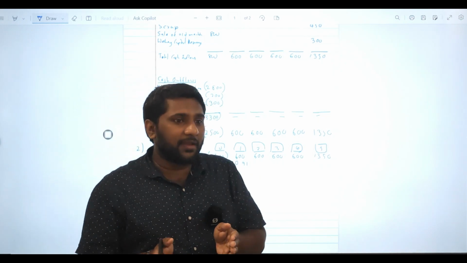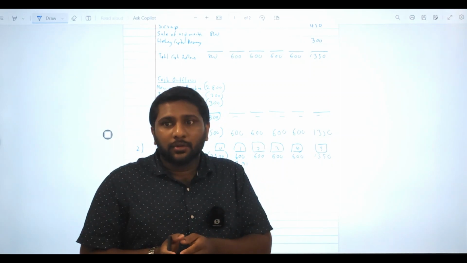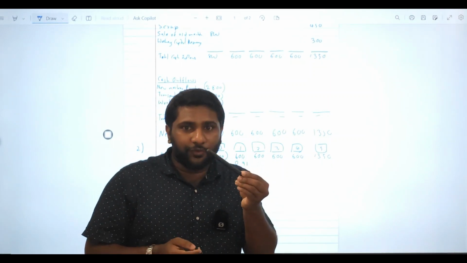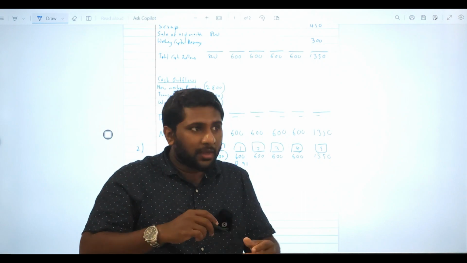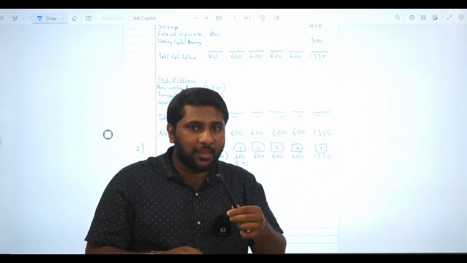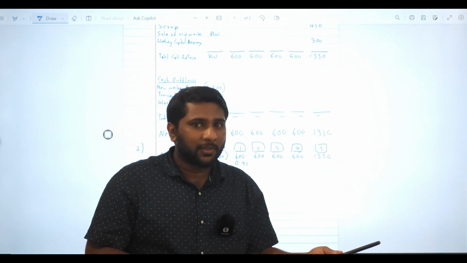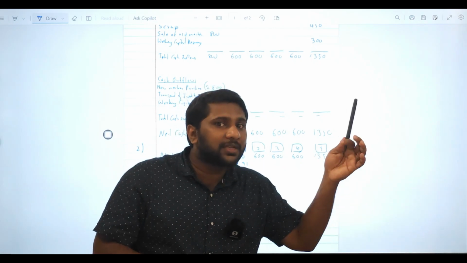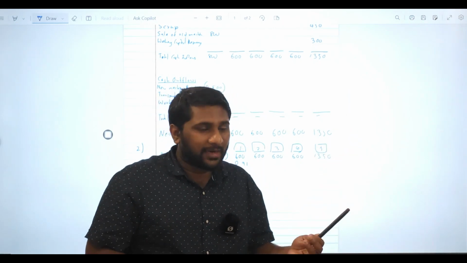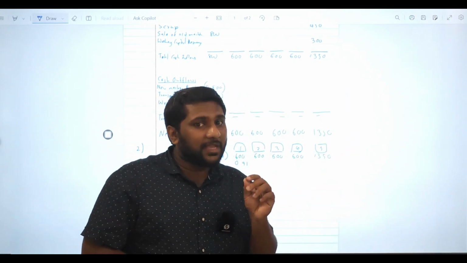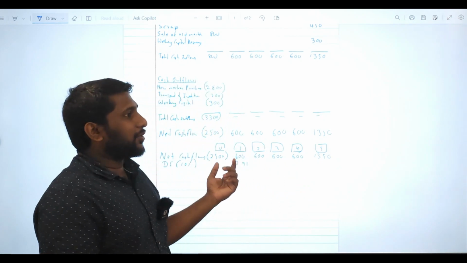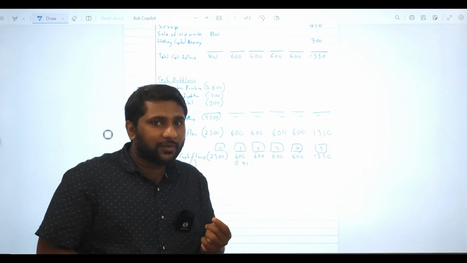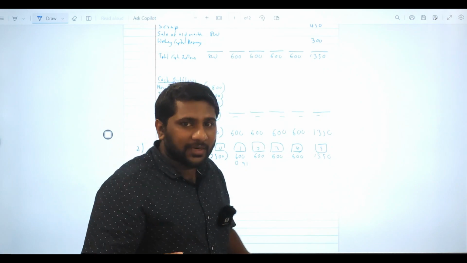Let's assume to purchase this pen, if you spend 0.91 now, after a year to purchase the same pen you have to spend 1 rupee. Why are you paying a higher price? Because the value of the money has come down. So the discounting factor is today's value of 1 rupee. Year 0, why is the discounting factor always 1? If I give you 1 rupee now, the value is 1 rupee.